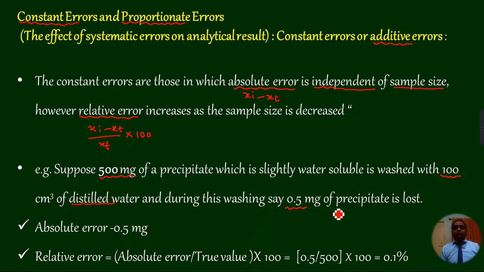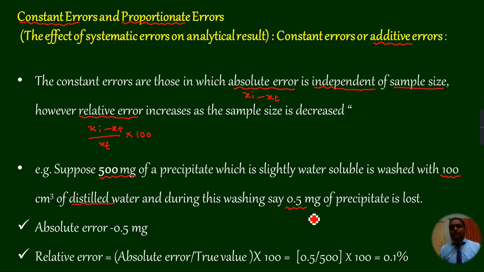So you have 500 milligram of precipitate, which is slightly water soluble, and you are washing with 100 cm cube of distilled water. The precipitate should have 500 milligram as the expected value, but when you wash it, you are losing 0.5 milligram.